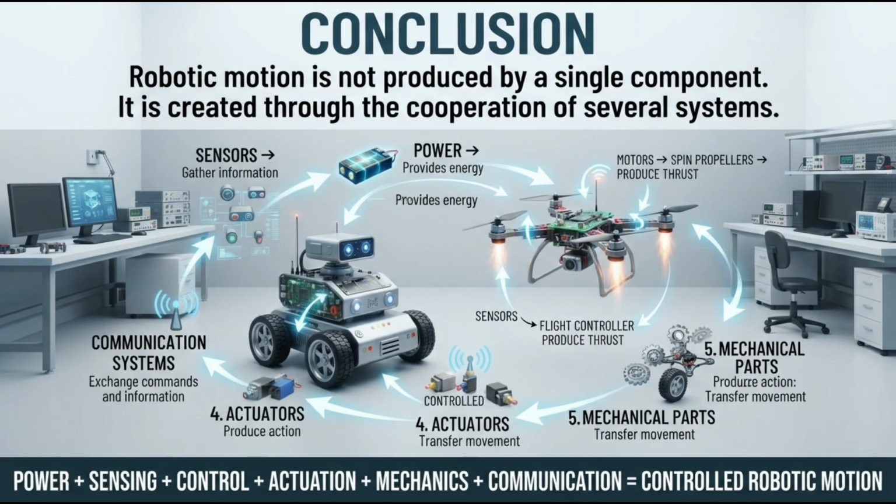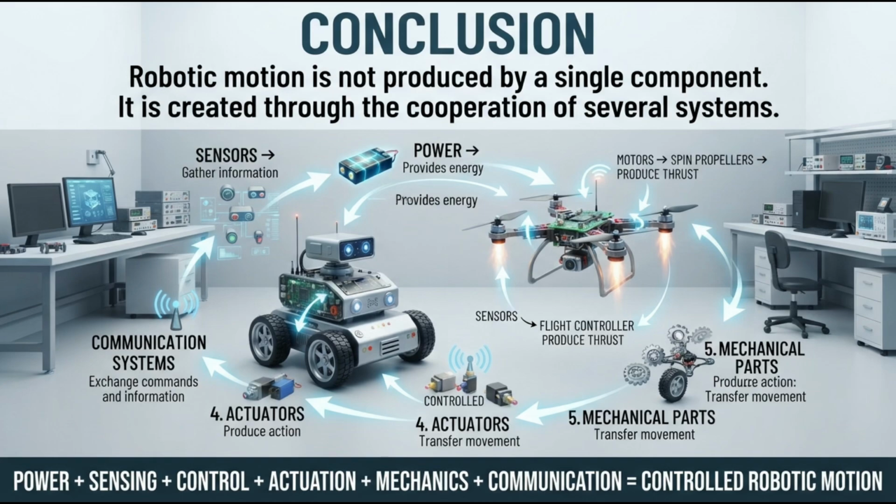Conclusion: robotic motion is not produced by a single component. It is created through the cooperation of several systems. Remember, power provides energy, sensors gather information, the controller makes decisions, actuators produce action, mechanical parts transfer movement, and communication systems allow commands and information to be exchanged.